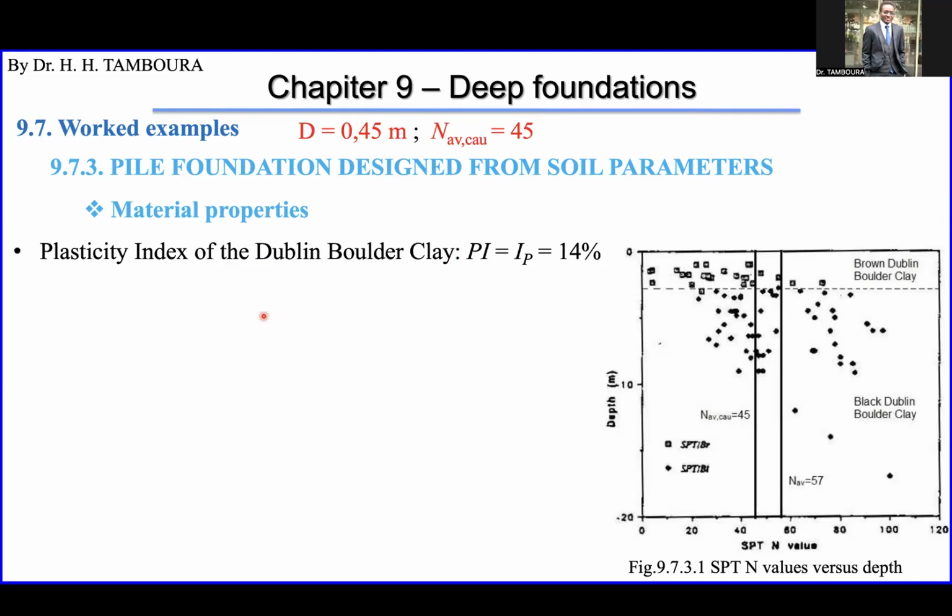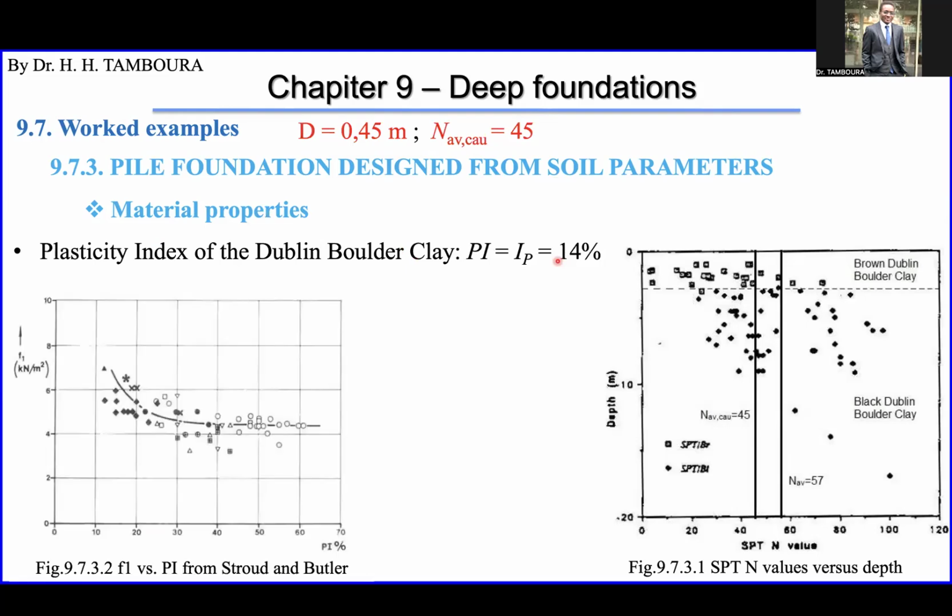There is a possibility to obtain the plasticity index of the clay. The plasticity index of this clay is given here as 14. You know what the plasticity index is, I believe, from soil mechanics 1.